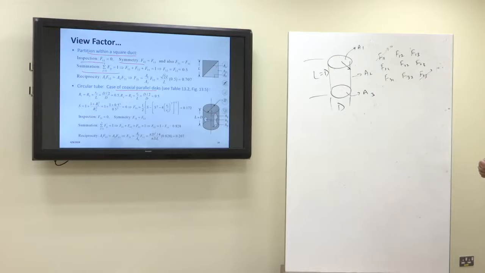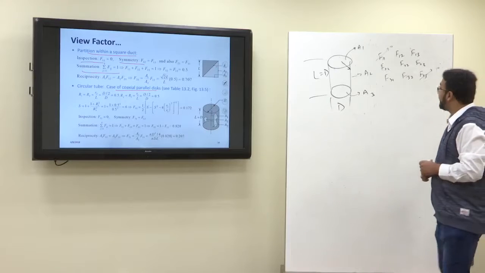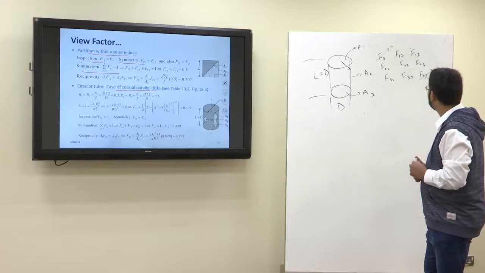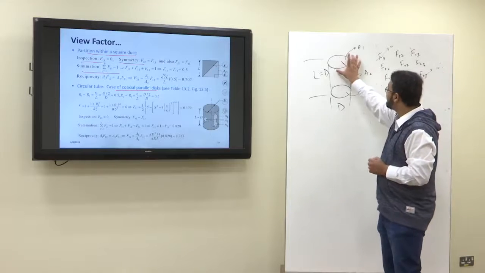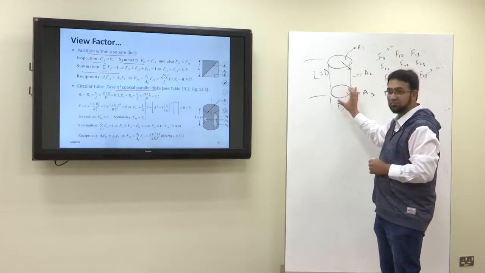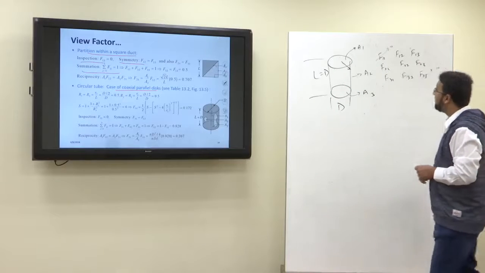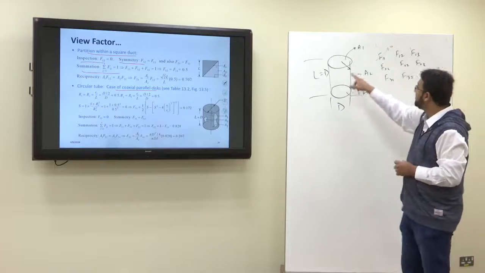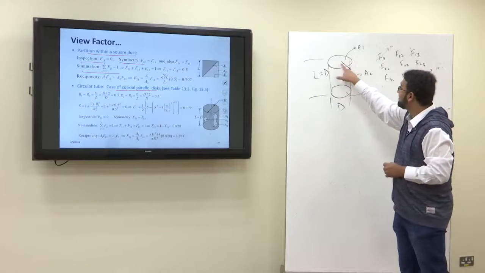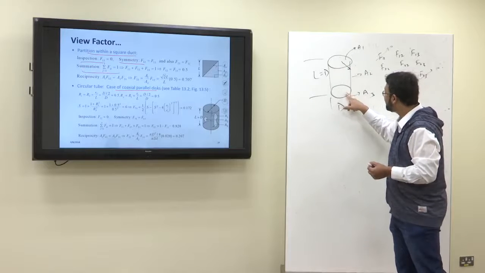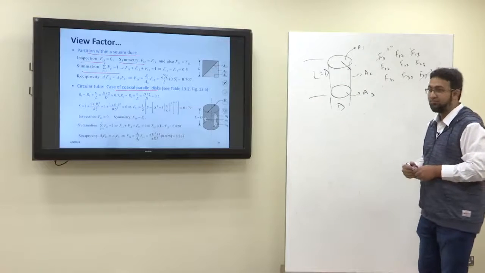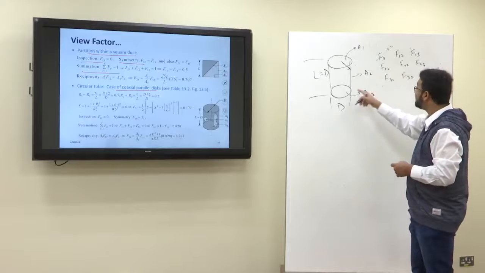Since the diameters here and here are the same, the amount of radiation leaving 1 reaching 2 is the same as the amount leaving 3 reaching 2.